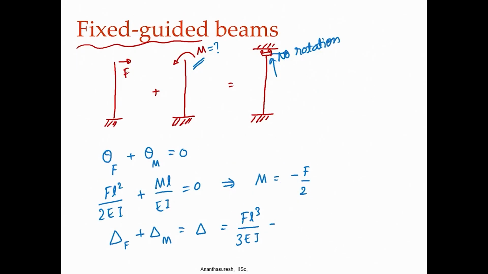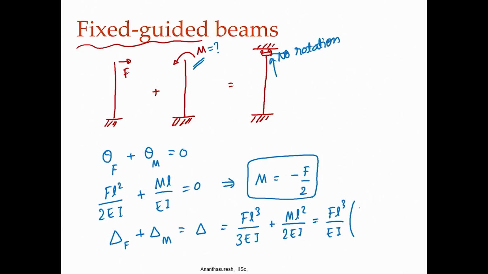So, plus ML square by 2 EI, again 1 2 2 3 6 8 formula, noting that M is equal to minus FL by 2, I can take FL cube by EI, that will be there for any beam by the way, and that will give me 1 by 3 here, and then M is minus half times FL we have taken out.